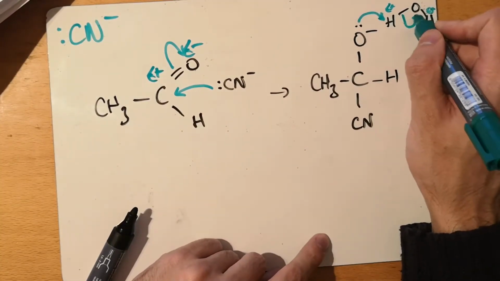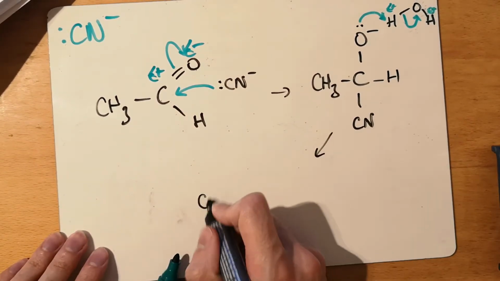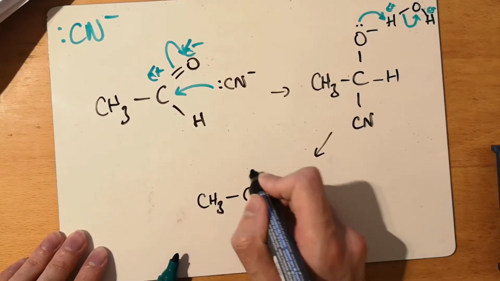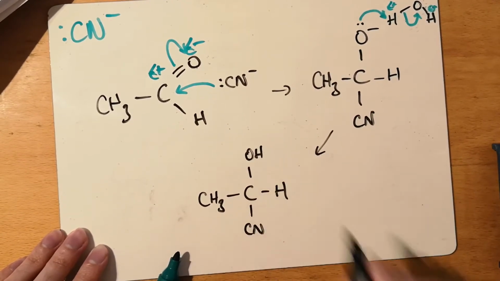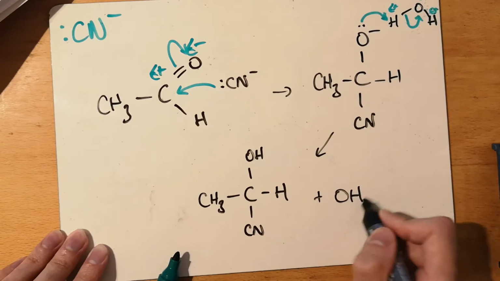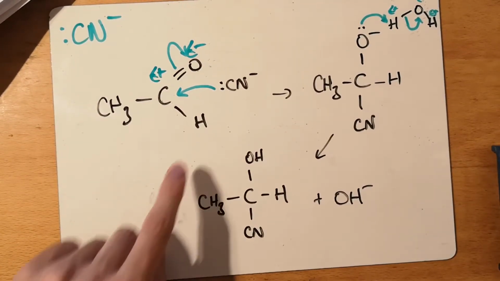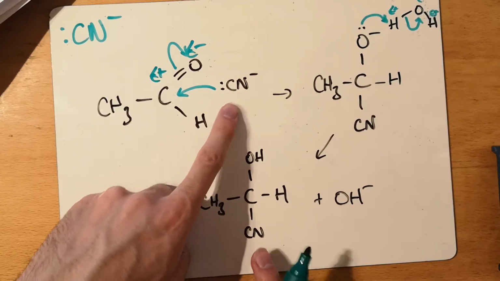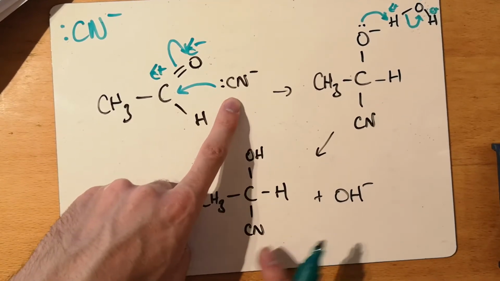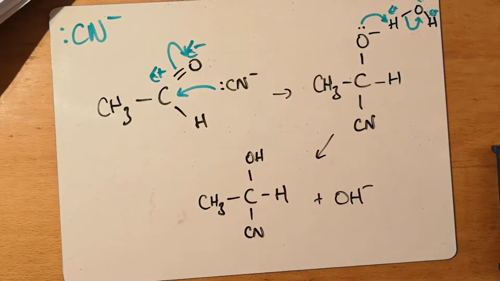The electrons in that bond are going to go into the oxygen, which is going to give us CH3 C OH CN H, plus OH minus. And that's nucleophilic addition, nucleophile here getting added on. So nothing's getting swapped off that carbon, it's just adding more stuff onto it.